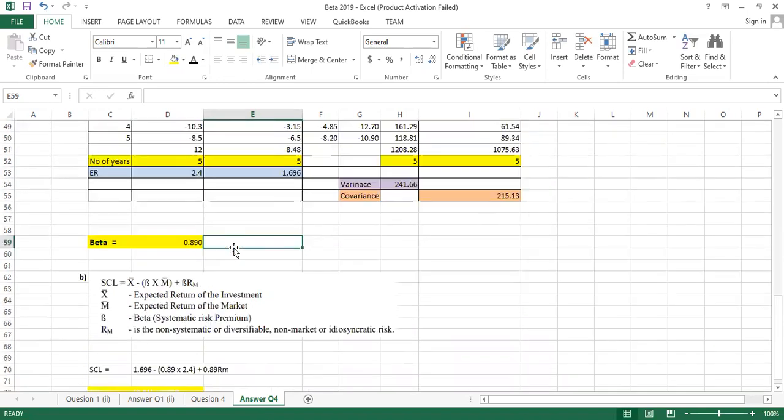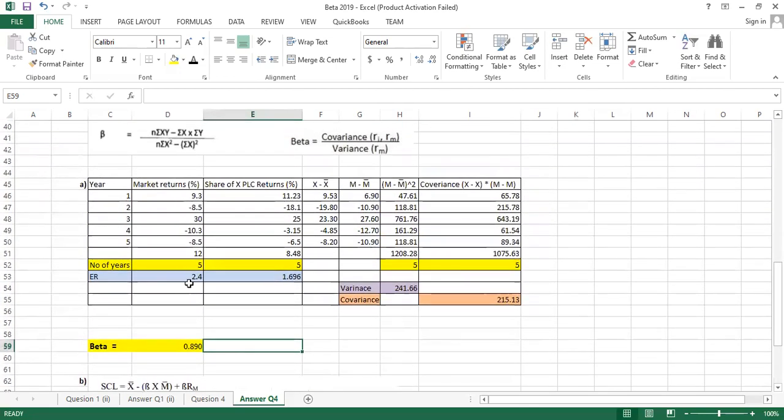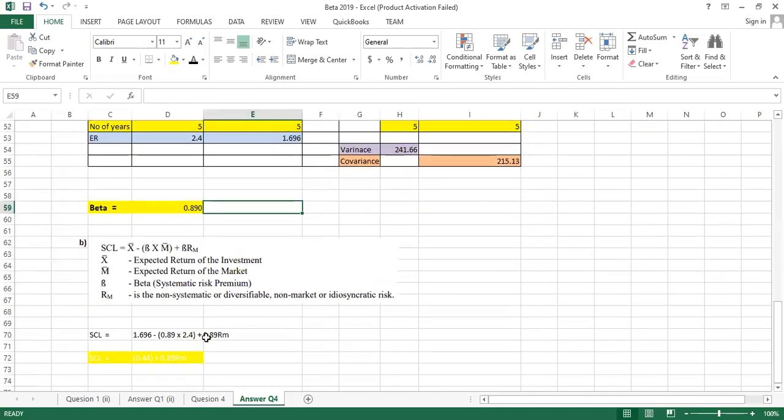So x bar we already calculated, the expected return of XPLC, 1.696, minus open the bracket, beta calculated 0.896 multiplied by m bar, also calculated expected return of market 2.4, then close the bracket, plus beta calculated 0.89 Rm. So answer is the characteristic line equals minus 0.44 plus 0.89 Rm. This is the characteristic line formula.